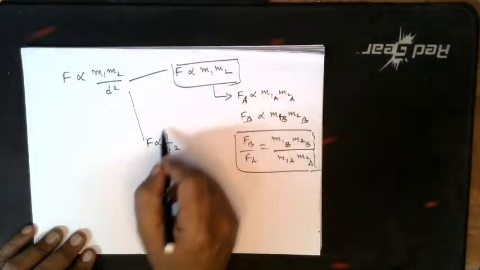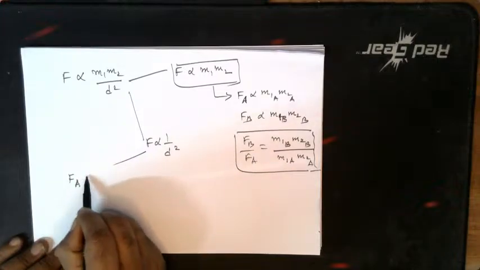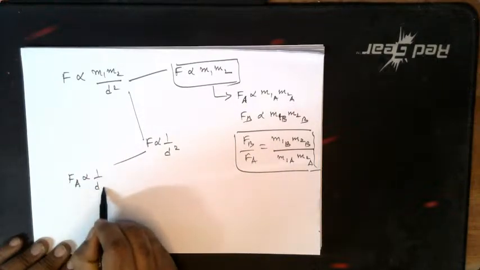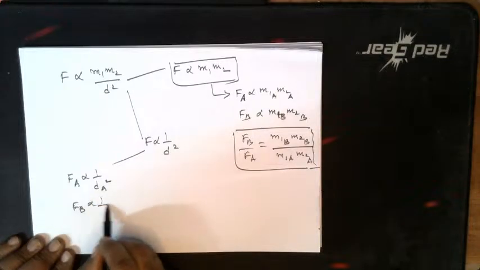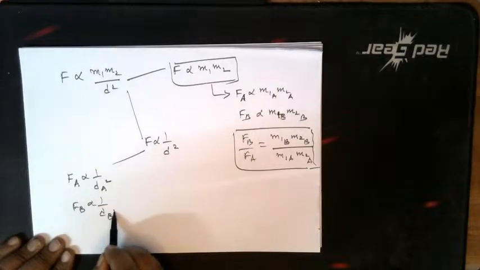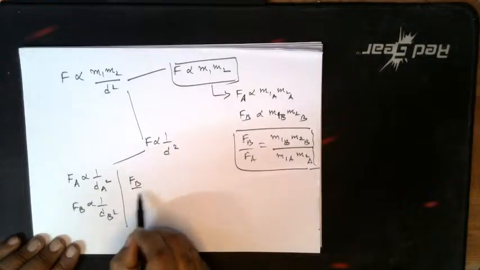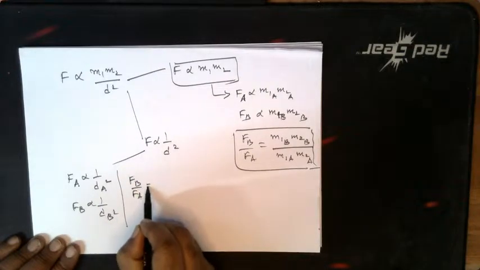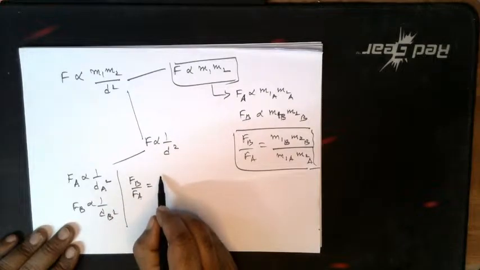What about this? Here FA is proportional to 1 by dA squared. FB is proportional to 1 by dB squared. Now by dividing this, FB by FA, proportionality is removed, so you take 1 by dB squared, is it not?